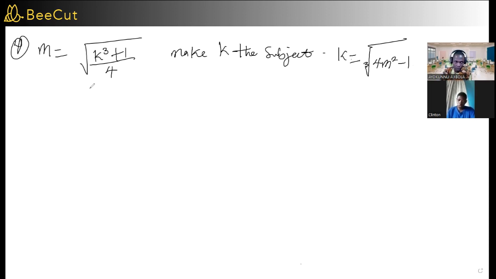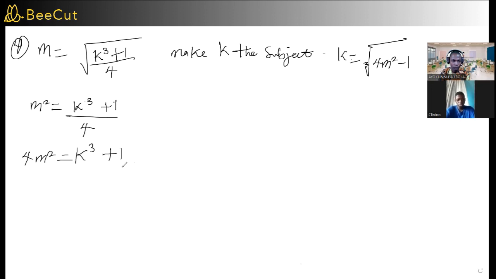Let's put that together. The first thing is to square both sides, so I have M squared equals K cubed plus 1 all over 4. Then I multiply both sides by 4, so I have 4M squared equals K cubed plus 1.